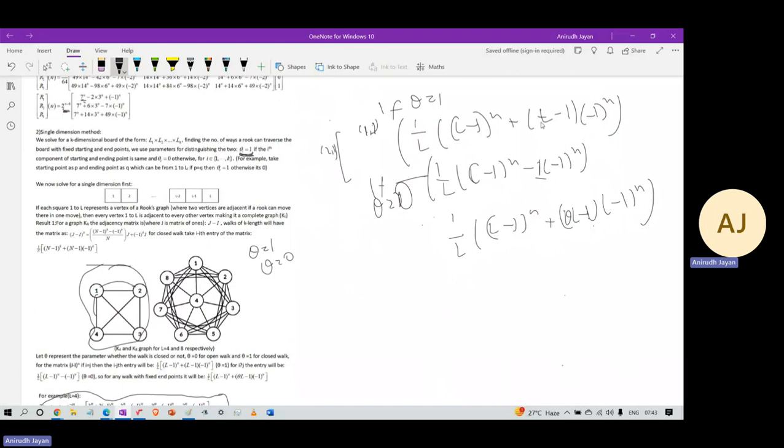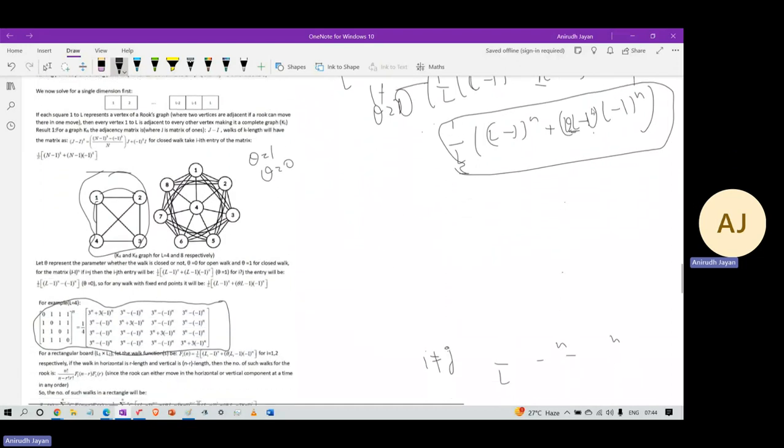If theta is 1, you get the following; if theta is 0, you get this. So by introducing a parameter like theta, you can close the formula, considering both open and closed walks.